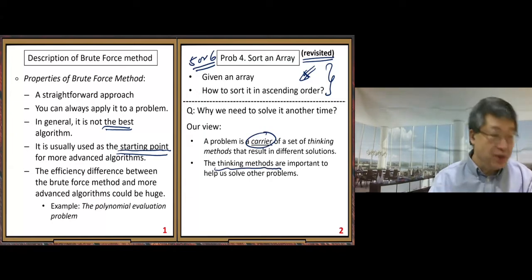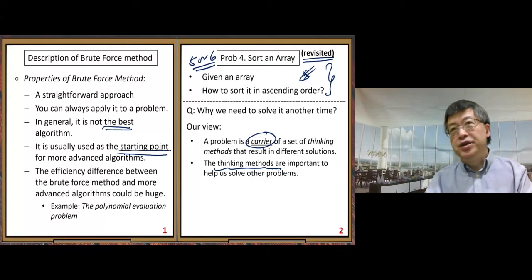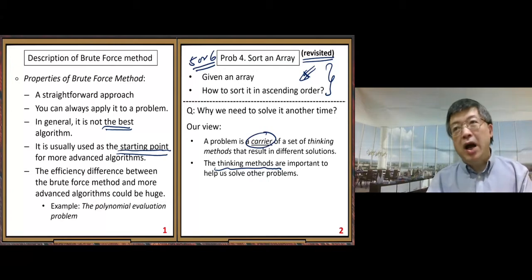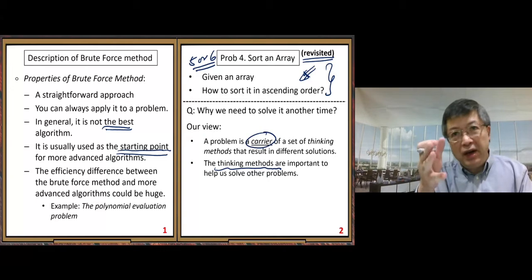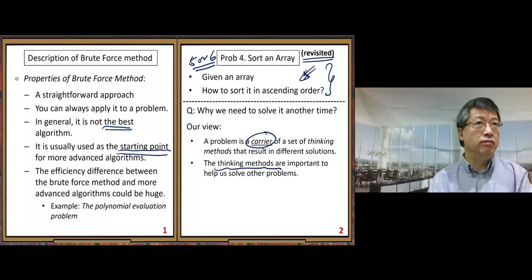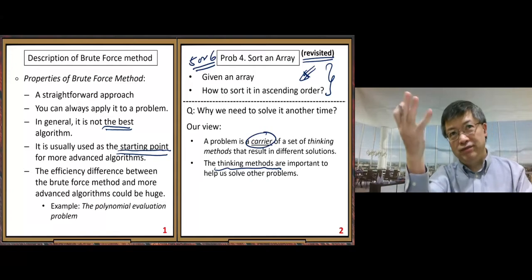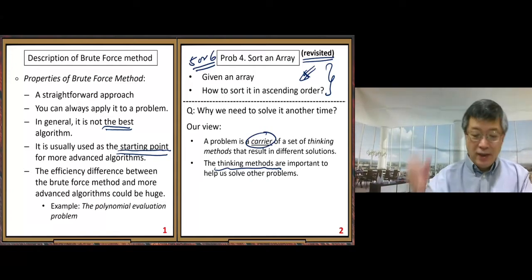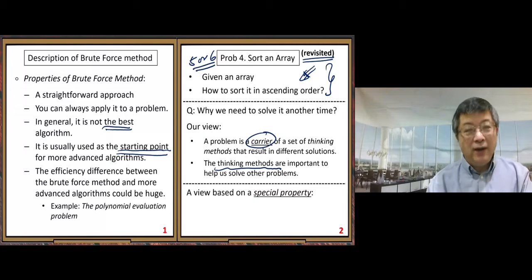You know how to use them. You do not need to start from scratch, so you can apply these methods directly to many other computing problems. That's really nice, right? All right, let's continue.